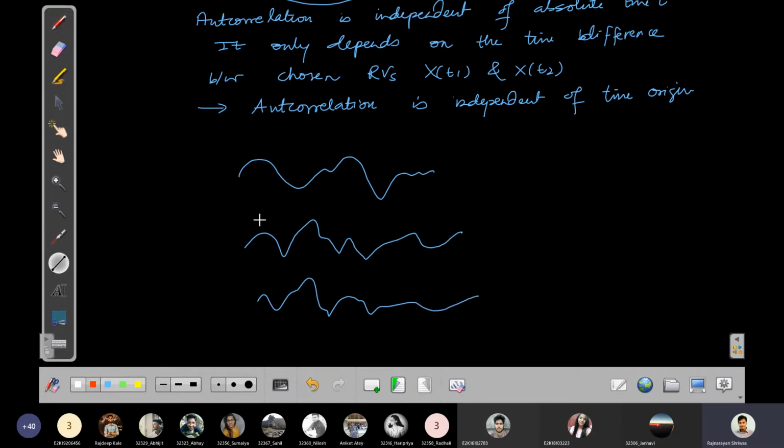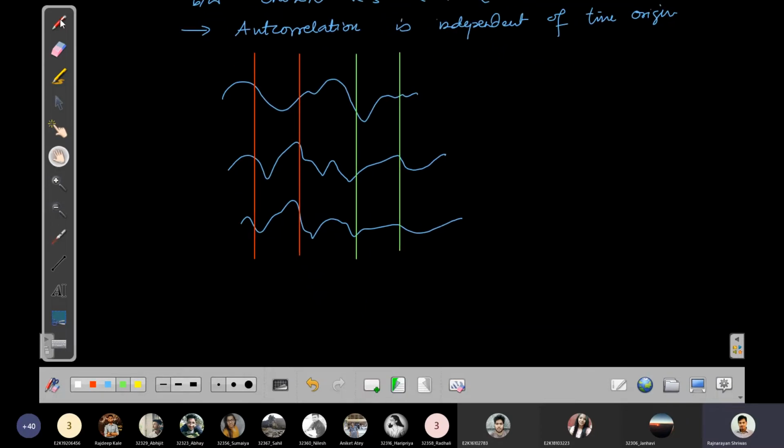You see two random variables fixed at times t1 and t2, and you take another two random variables fixed at times t3 and t4. Suppose t1 is 2 second, t2 is 4 second, t3 is 8 second, and t4 is 10 second.